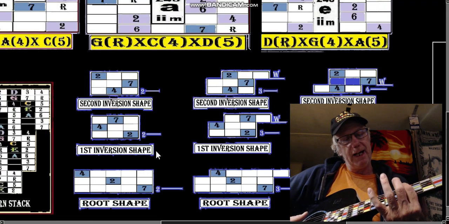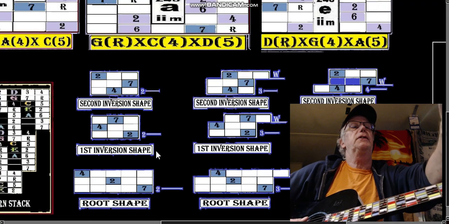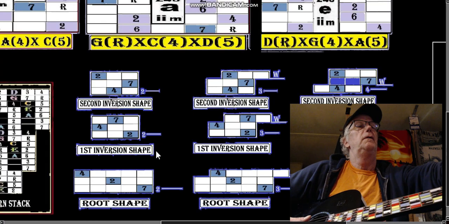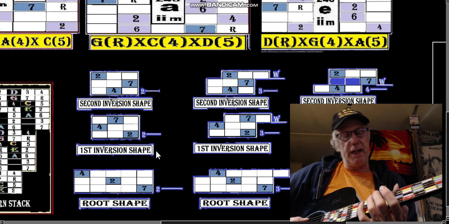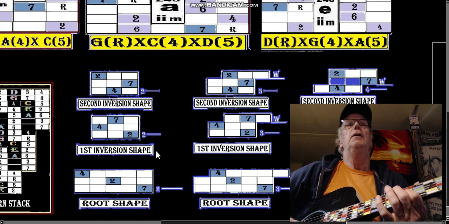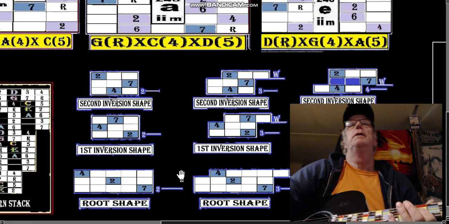What is that? That is a Mixolydian scale. But if we cut across diagonally there, that's the root shape.